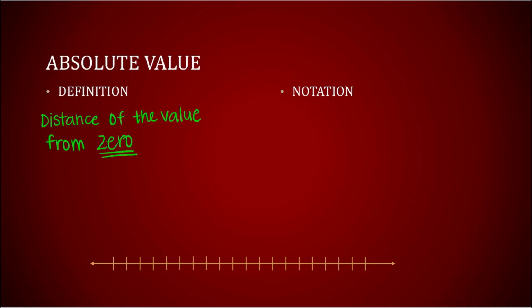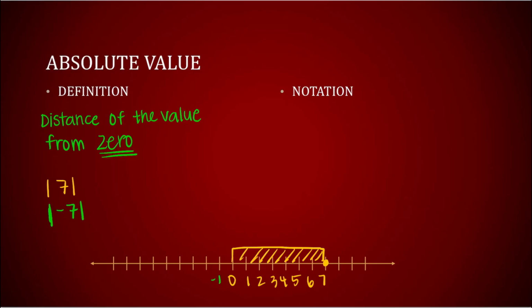So for example, if I had the absolute value of, I don't know, 7, I would start at 0. And let me write 1, 2, 3, 4, 5, 6, 7. This is obviously 7 spaces away from 0. But then if I did the absolute value of -7, and that's over here, so -1, -2, -3, -4, -5, -6, -7, that's also 7 spaces away from 0.